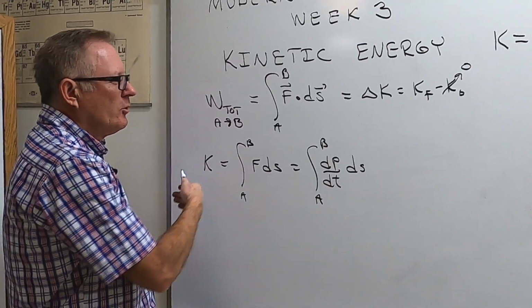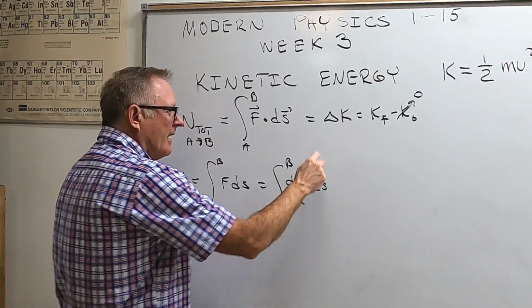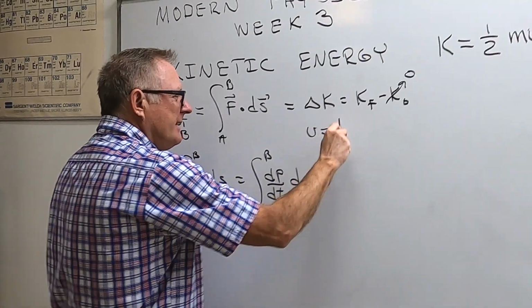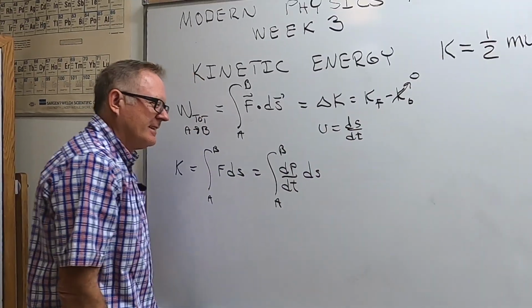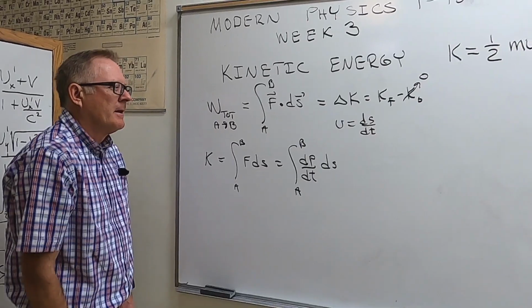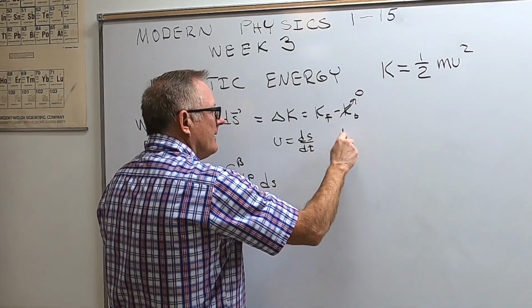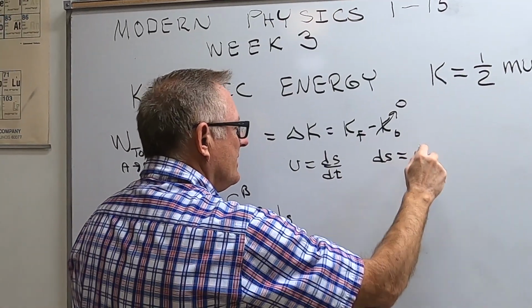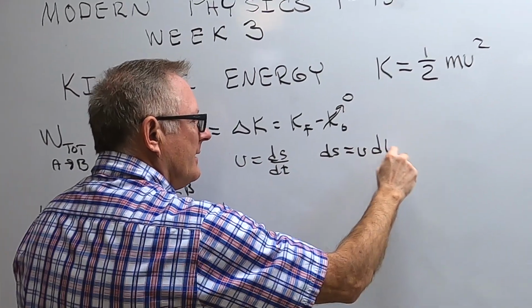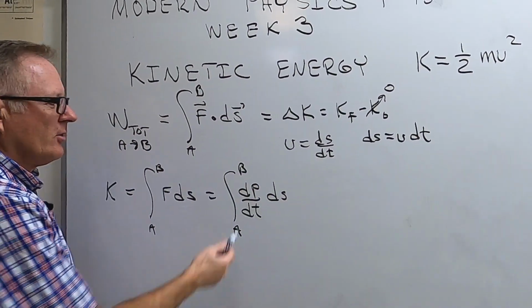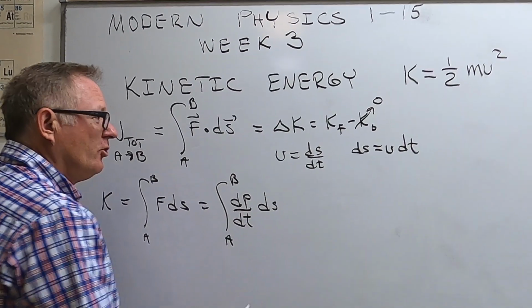Well, since you're moving at a speed u at any time, we know u is ds/dt. That's the definition of velocity, the distance over the time. So ds is just u dt. Okay, so I'm going to replace ds with u dt.